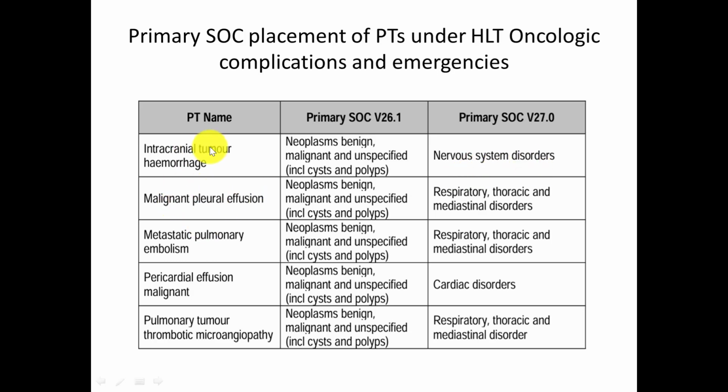Same thing with some cancer-related PTs that were going to neoplasms. Now they are mapped to more appropriate SOCs, for example respiratory, thoracic and mediastinal disorders. Metastatic goes to respiratory, and peripheral effusion malignant goes to cardiac disorders. So these were some complex changes of replacement of PTs under HLTs.